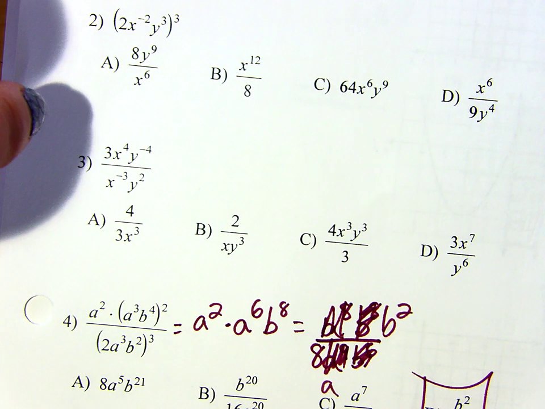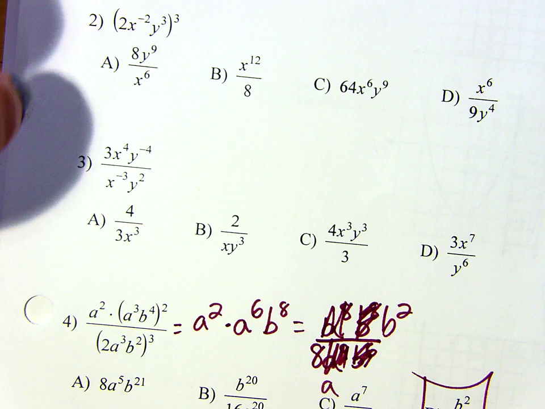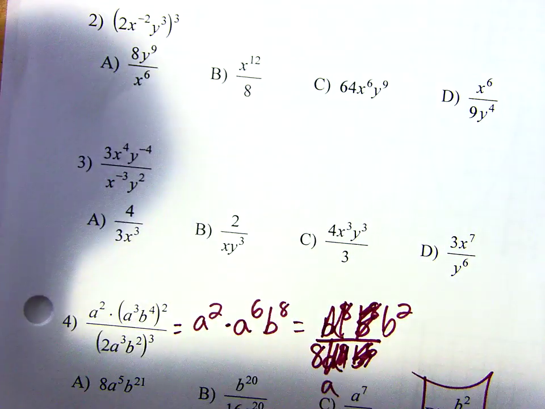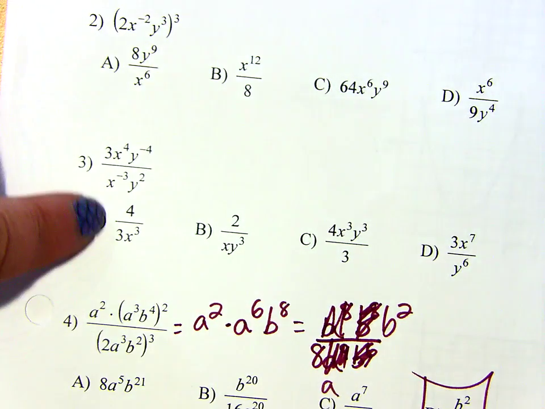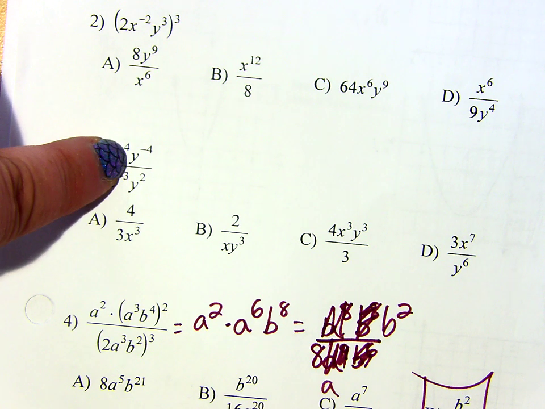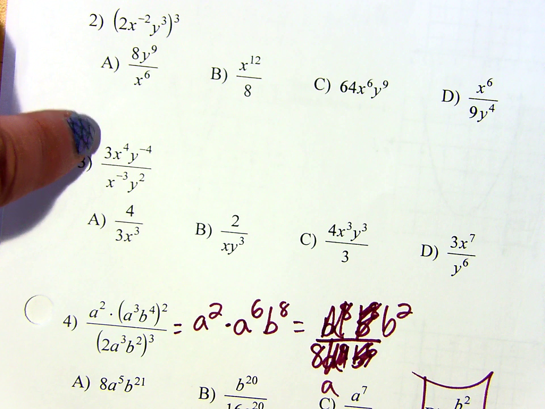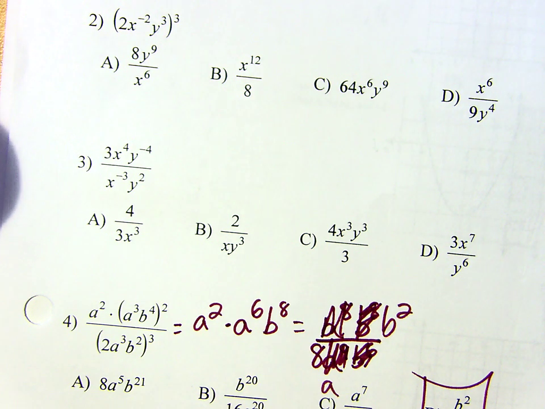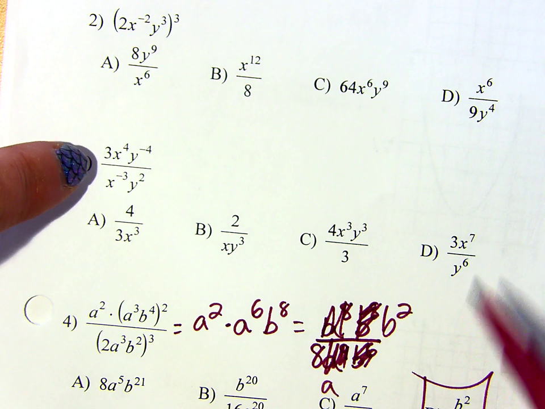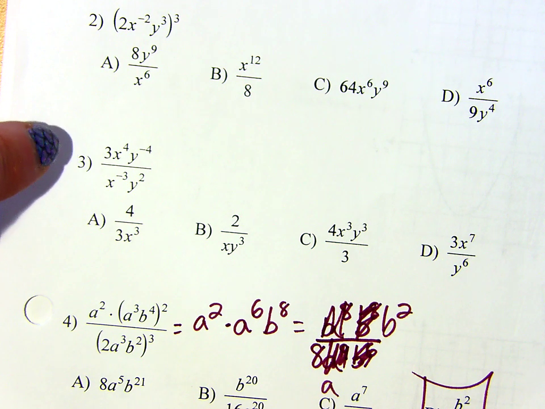Anything with a negative exponent has to move. So if it's already downstairs, it moves upstairs. If it's upstairs, it moves downstairs. So x to the negative third is going to come up. Now I already had 4 x's up there, and now I'm going to put 3 more up there. So altogether I'll have x to the 7th in the numerator. So another reason why it has to be choice D.